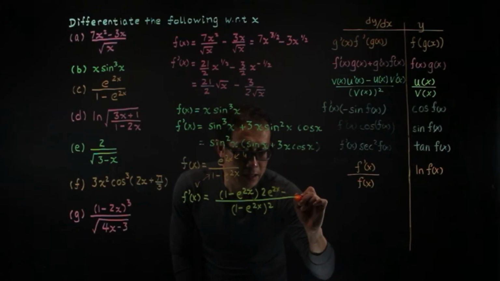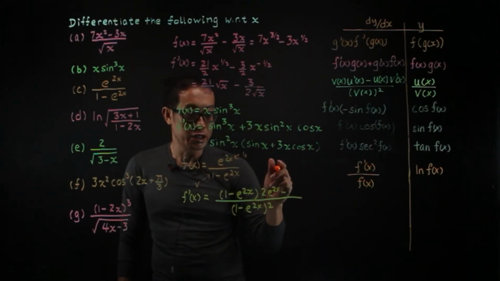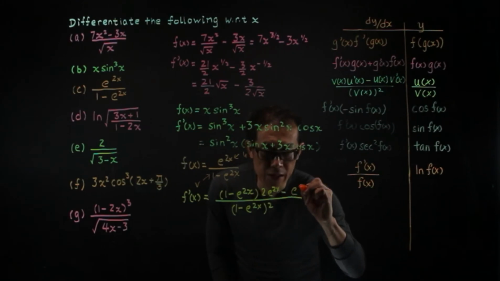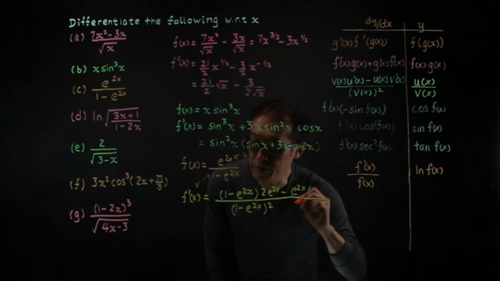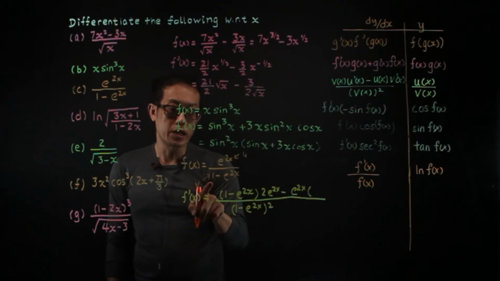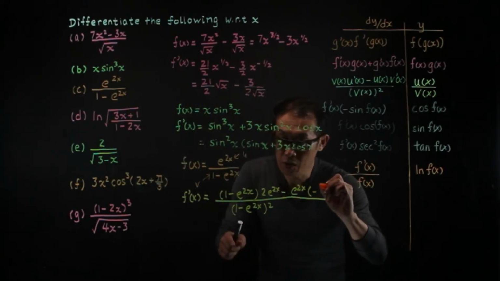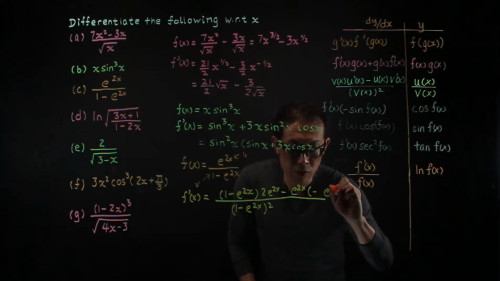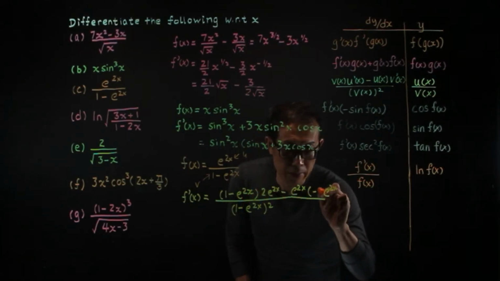Then you minus. Now this part remains unchanged, so you have e to the power of 2x. Now we differentiate the denominator. Differentiate 1 is 0. So you have minus e to the power of 2x, you differentiate with e to the power of 2x. Now you differentiate the 2x, so you become 2.